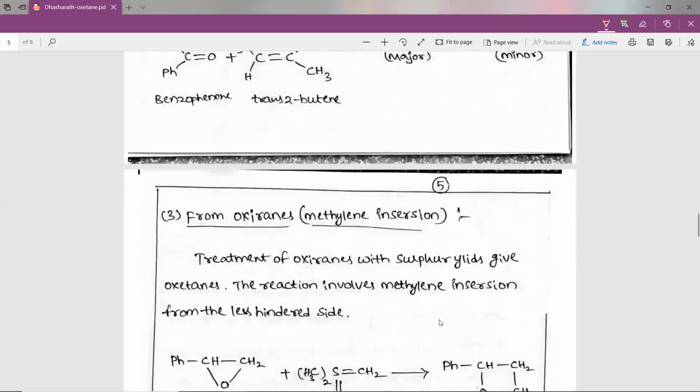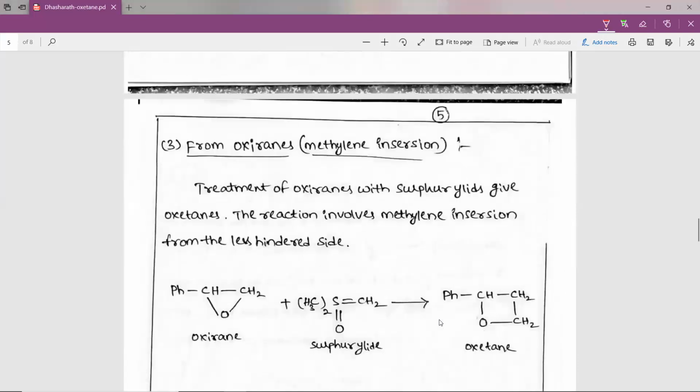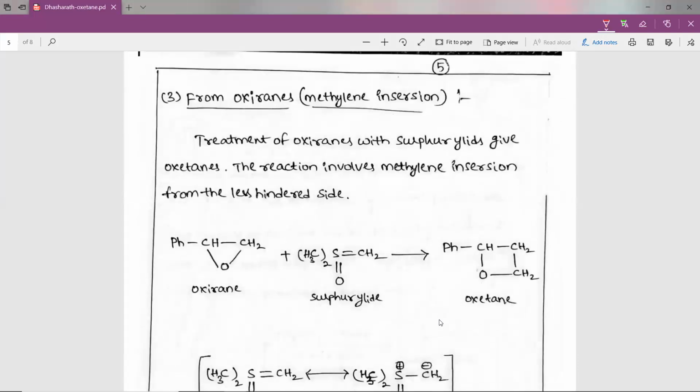Next, from oxiranes, by methylene insertion. That is insertion of a CH2 group between carbon and oxygen, the one that is less hindered. Treatment of oxiranes with sulfur ylides gives oxetanes.